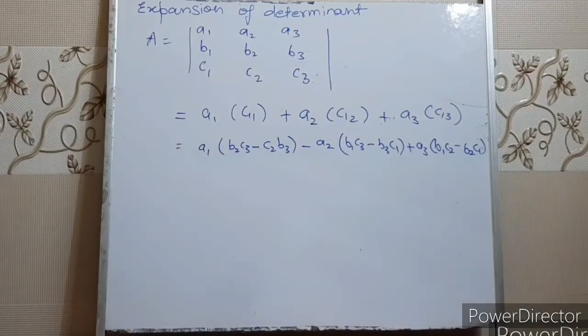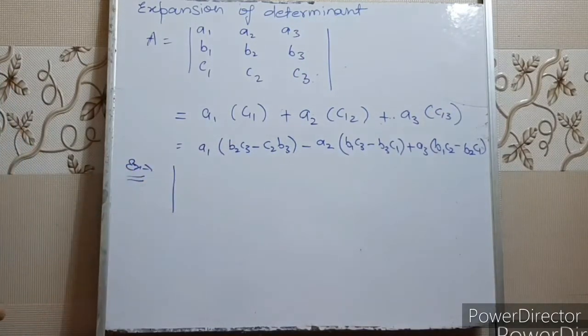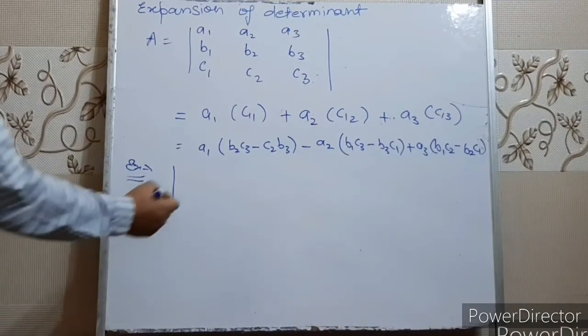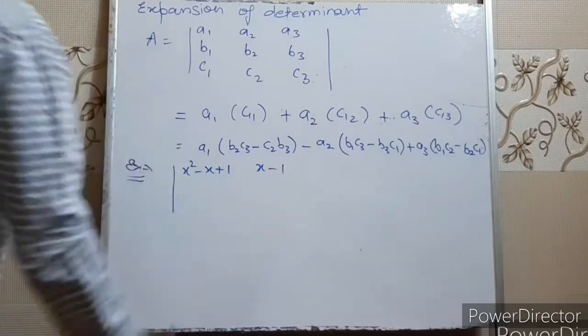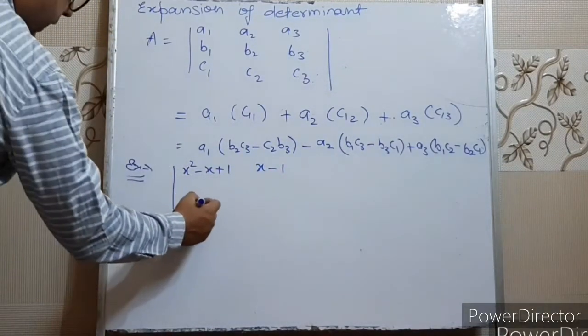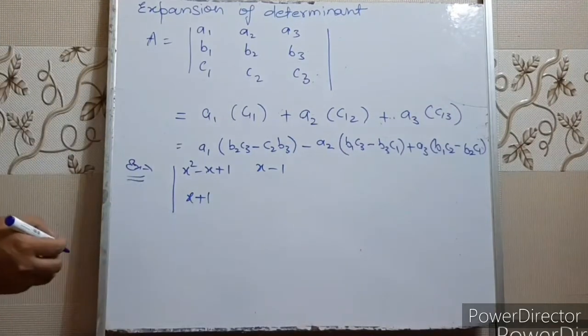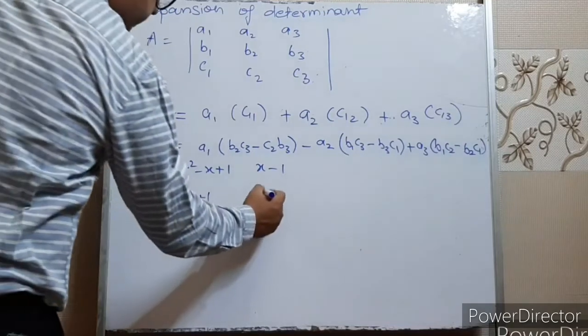Okay children? Now you can see one sum here, one example for expanding the determinant. It is like x square minus x plus 1, and x minus 1. Here we are having x plus 1 and here we are having x plus 1 again.